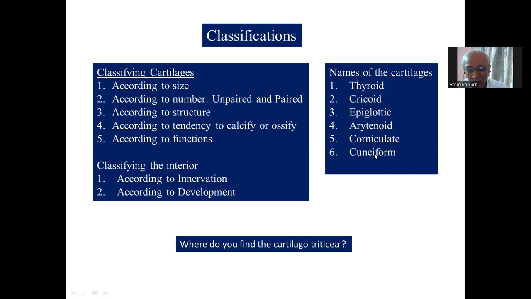And the function, well, it hardly has any function. It's a small cartilage. It provides some rigidity to the aryepiglottic fold that we can deduce. And no muscles are attached there. So it is not of any particular importance.